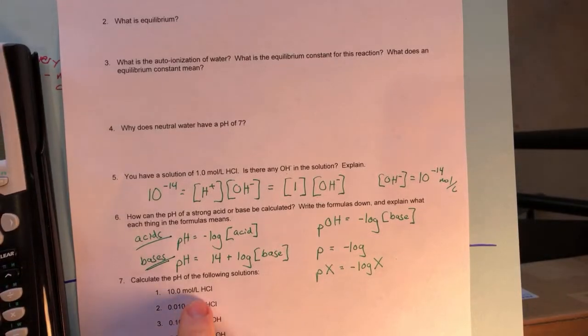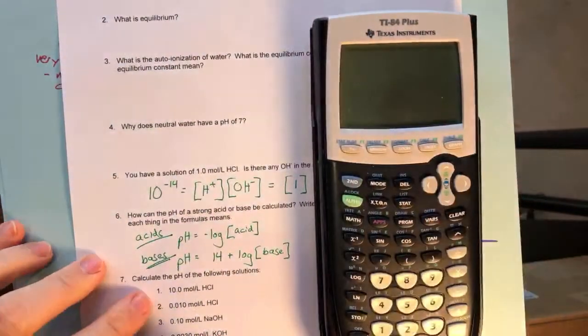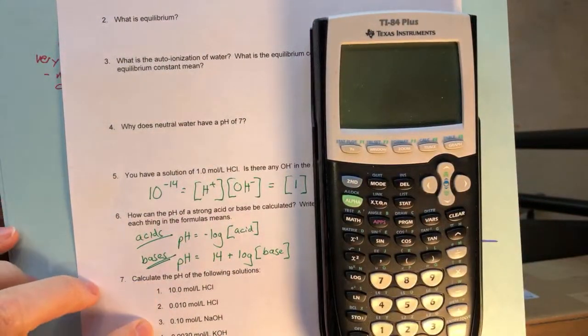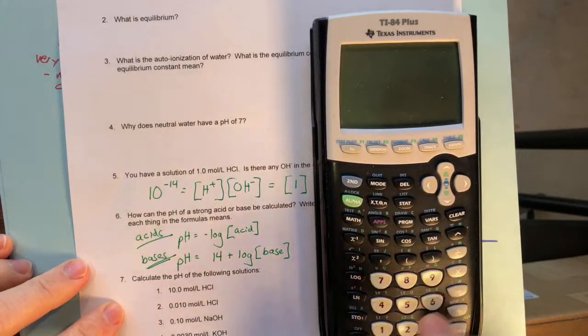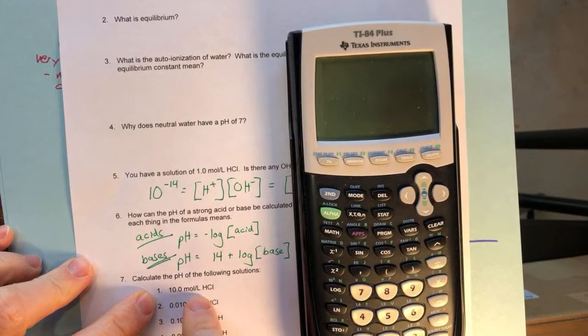So let's finish up. I'm going to talk about number 7 and number 8, and we're going to do some calculations here together. Number 7 is super easy, okay? I'm going to do number 1 for you guys and number 3 for you guys, and you guys can do the rest, okay? So number 1, calculate the pH of a 10 mole per liter HCl.